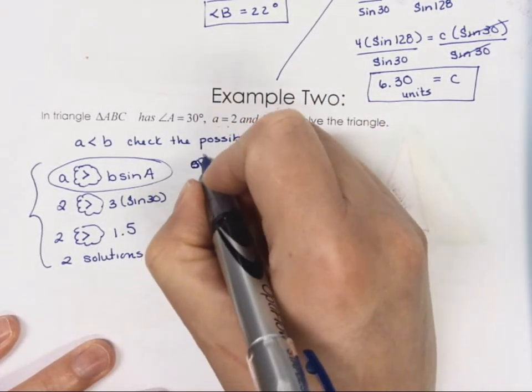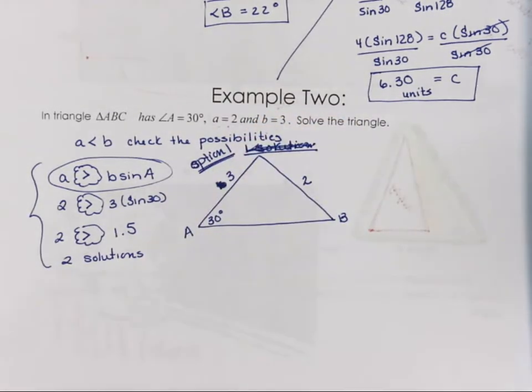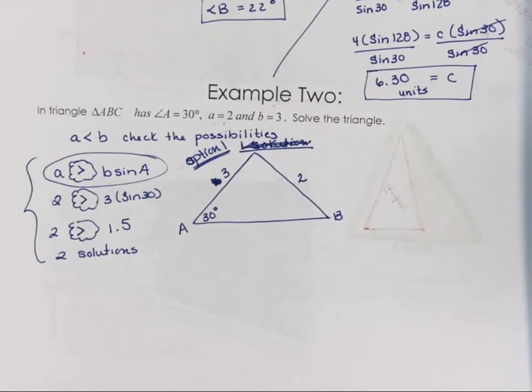So what's going to be the thing that we start solving with first? What did you solve for first in the other one? Angle B, everybody. Angle B is where you're going to start. So we're going to start our set.